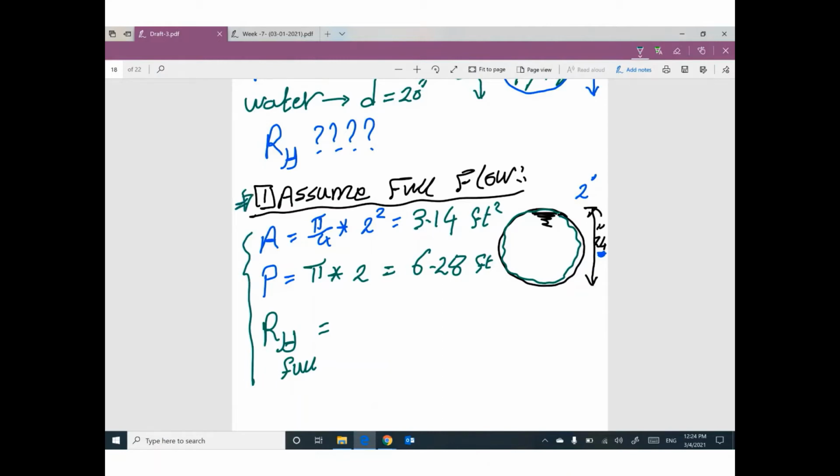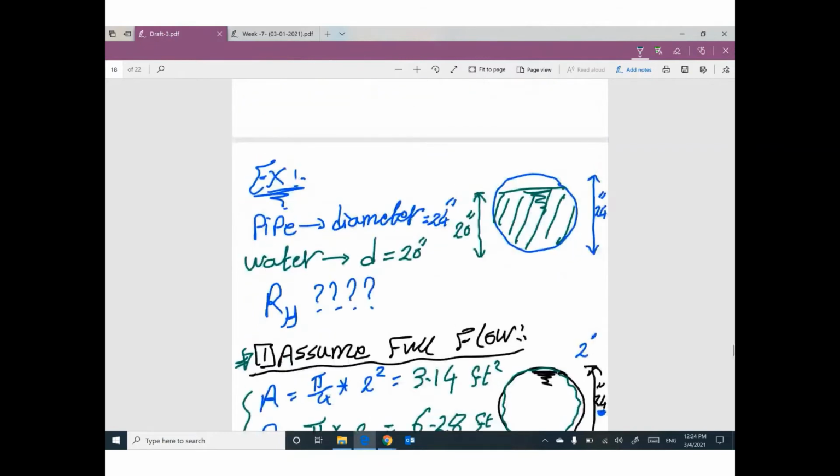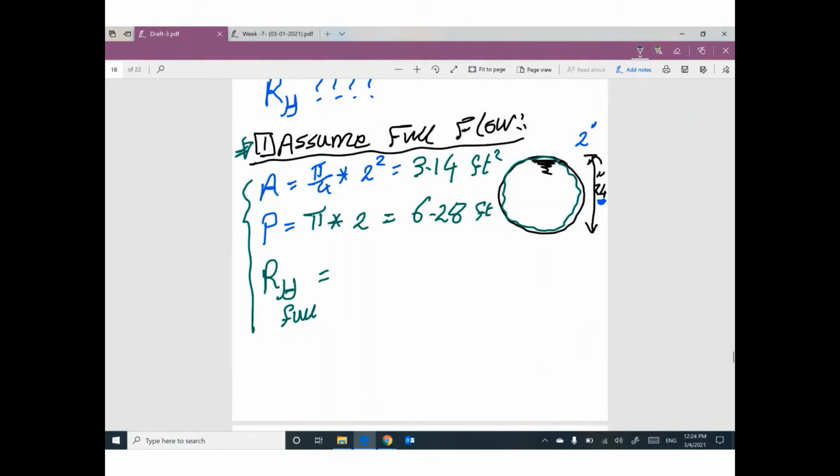I assumed full flow, which is not the case, but I assumed. So the hydraulic radius will be area divided by P: your area 3.14, your perimeter 6.28, your number will be, I think, 0.5. Any questions so far?